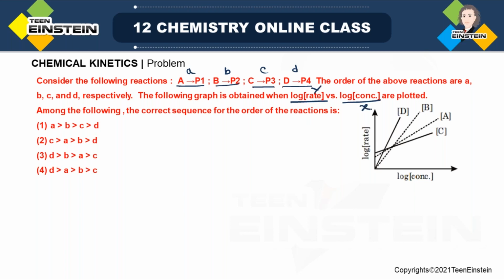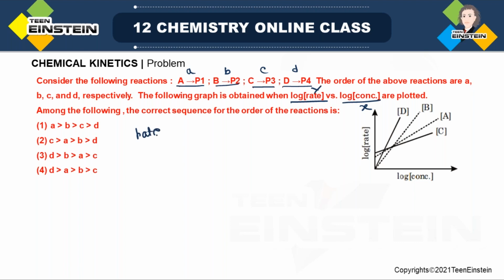This is y, this is x. Now, here we have different orders for a, b, c, d. So for the correct sequence of the order of the reactions, we have to find which quantity is greater than which.